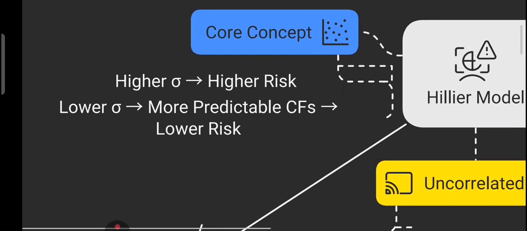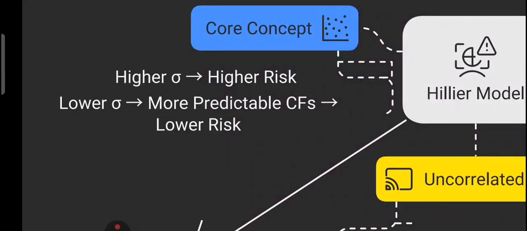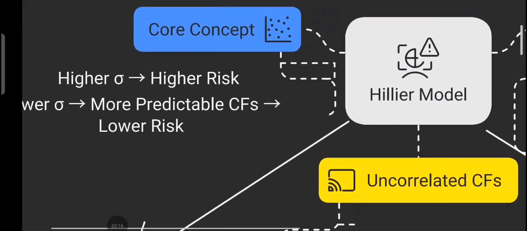Lower sigma means more predictable cash flow and lower risk. If the standard deviation is higher, uncertainty is higher and risk is higher. If the standard deviation is lower, we have more predictable cash flow and lower risk. I hope this makes sense to you. You are already familiar with this concept of standard deviation.